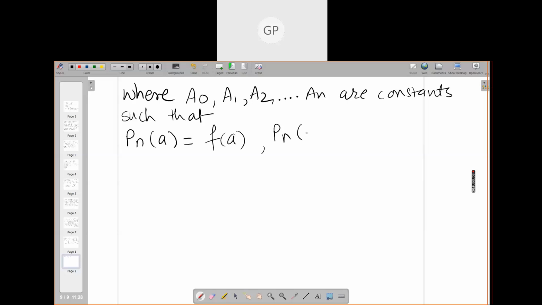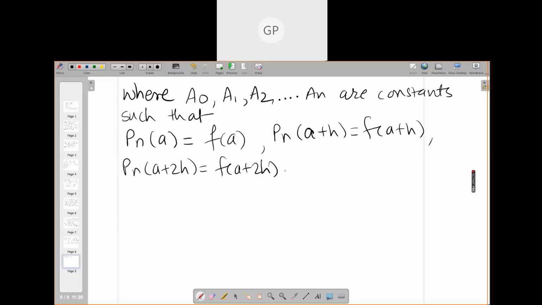When I put x is equal to a plus h, I should get f(a plus h). When I put x is equal to a plus 2h, I should get f(a plus 2h), and so on. When I put x is equal to a plus nh, I should get f(a plus nh).